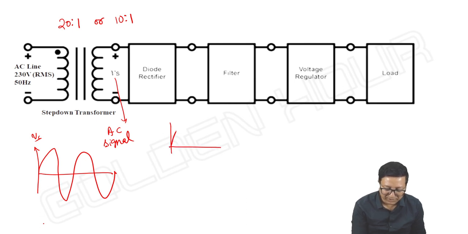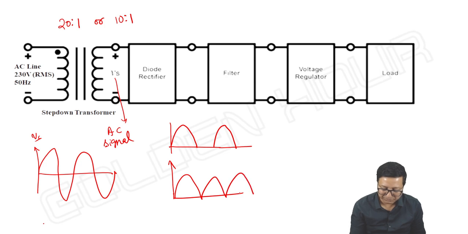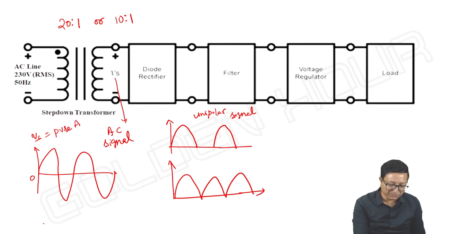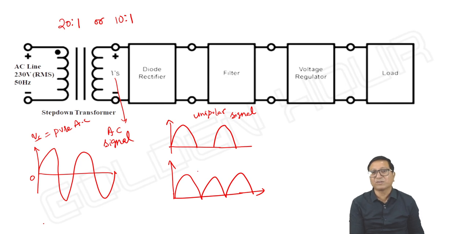The output of a diode rectifier is either this way or this way. It is a unipolar signal, I can say. Here the secondary voltage is pure AC, and here it is not AC, it is a non-sinusoidal signal.